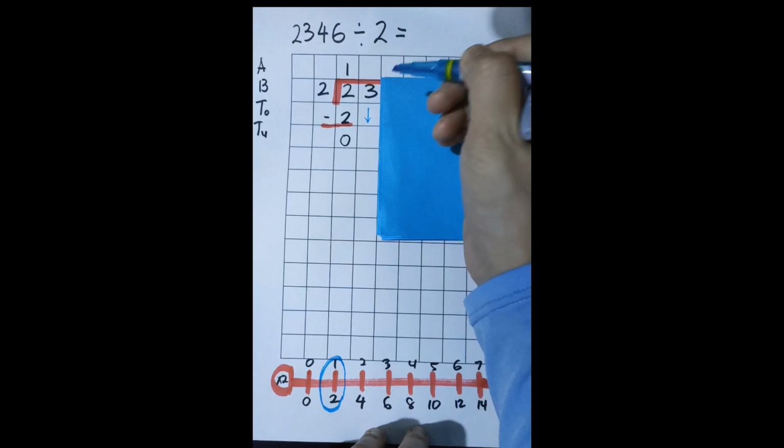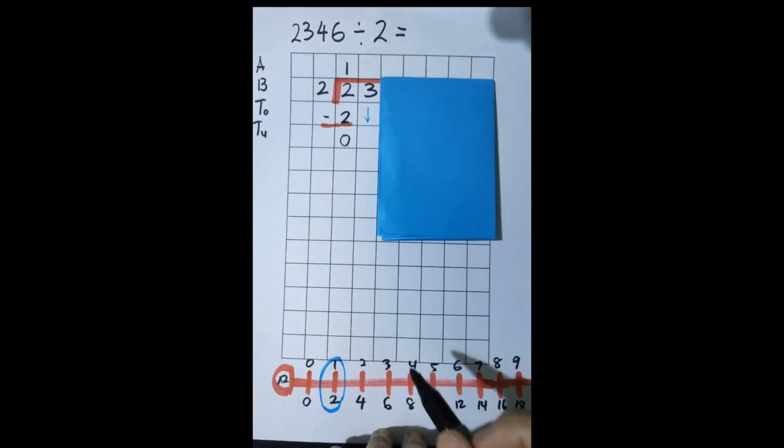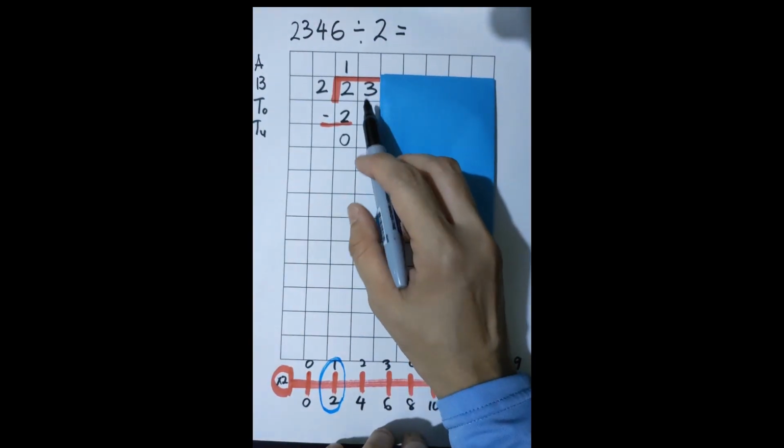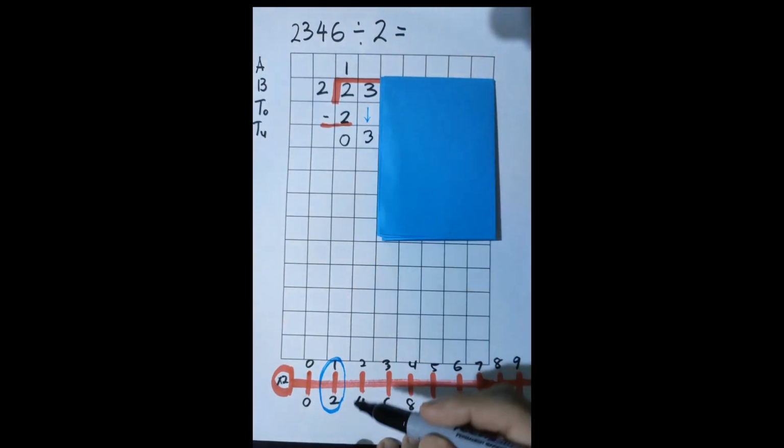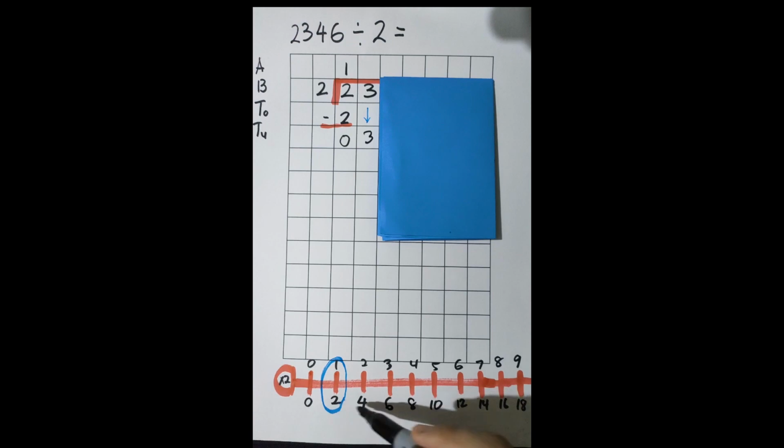Bring down to the place where you stop. You stop here kan? So you bring this number down here. So now you have number 3. Where is number 3? There's no number 3 down here. So you need to choose the number that is smaller than 3 and nearest to 3.